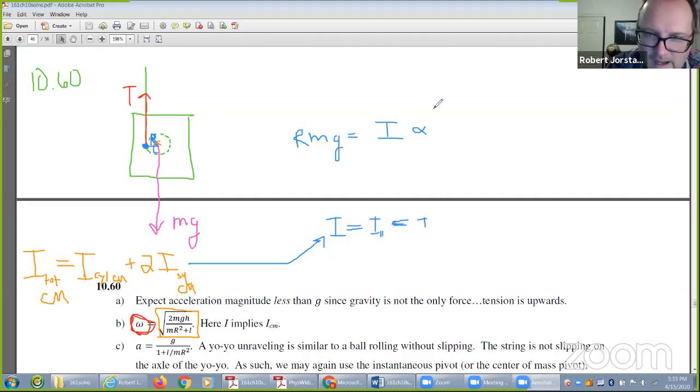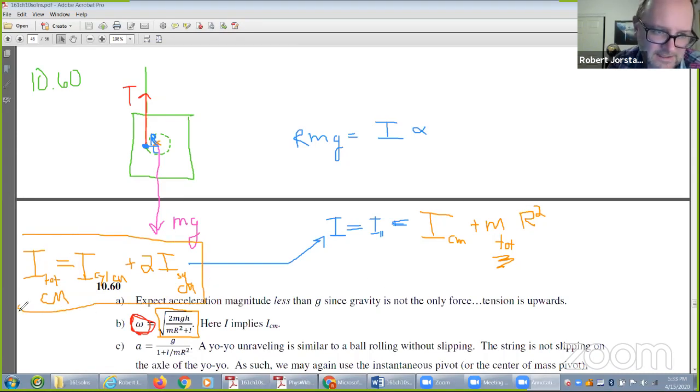Equals I, let me, this is what's cool about this. If you know the total mass of the squares and the axle, and you already did all this work to figure out the moment of inertia at the center, all you need to do is just take that same thing, shove in the total mass times the distance you shift it, and you get that.